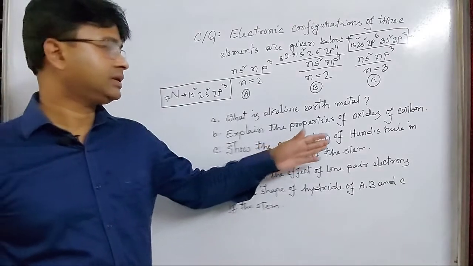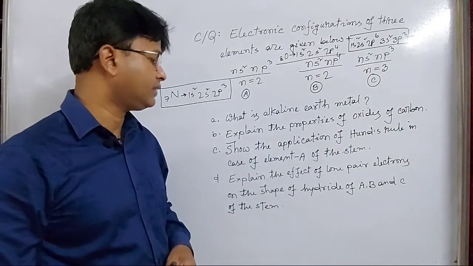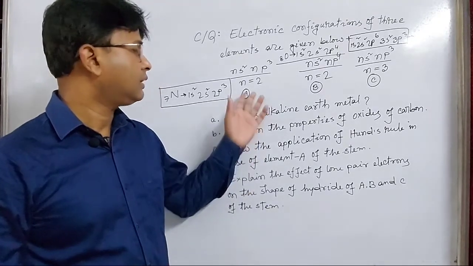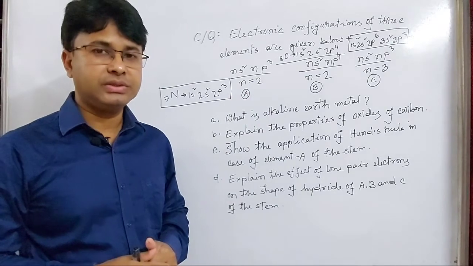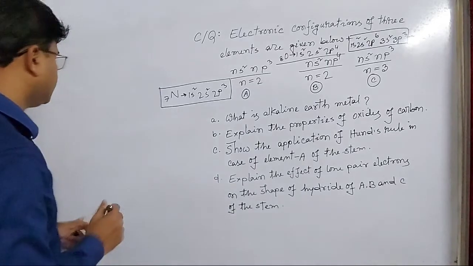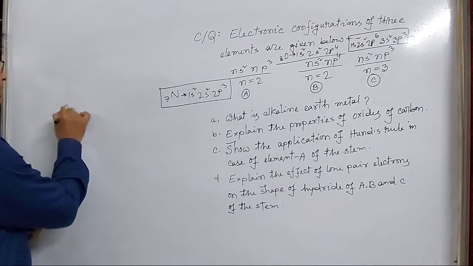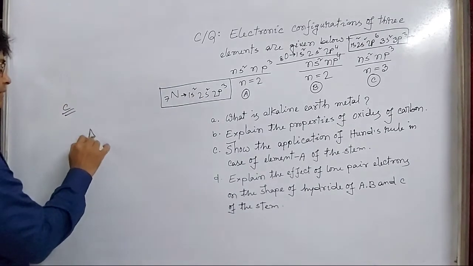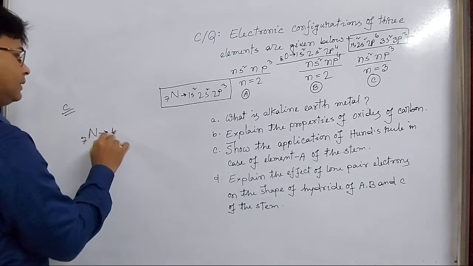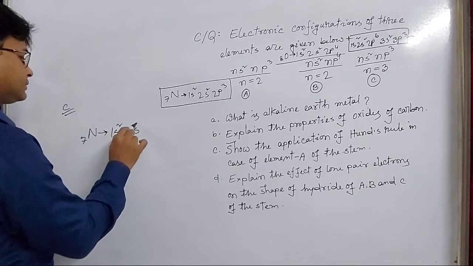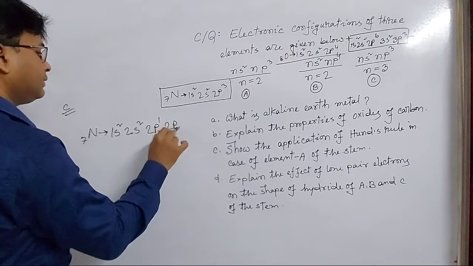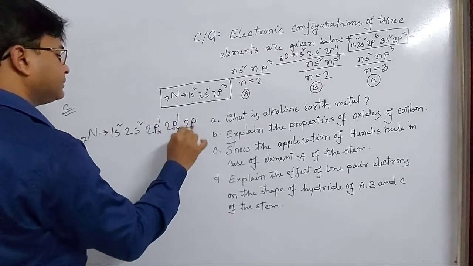Now the application of Hund's rule in case of element A of the stem. Students, already I have told you element A means nitrogen, and if I write the electronic configuration of nitrogen specifically, then it will be 1s2, 2s2, 2px1, 2py1, 2pz1.